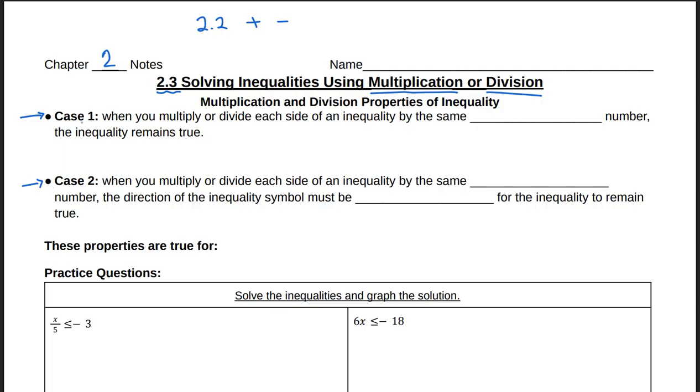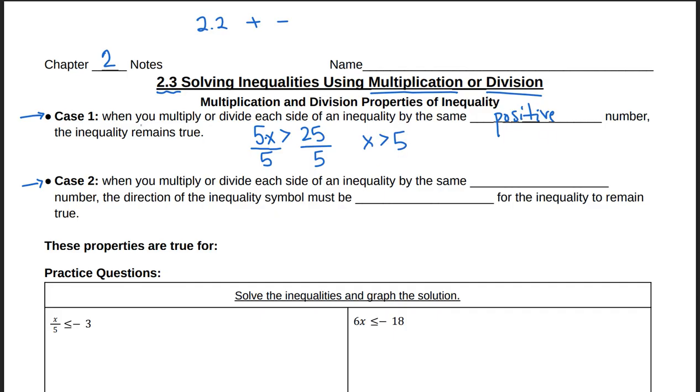Okay, so case 1. When you multiply or divide each side of an inequality by the same positive number, the inequality remains true. An example of this would be 5x is greater than 25. To solve this inequality, we want to isolate the variable, and right now 5 is being multiplied by x. So I would do the opposite and divide by 5, which gives me x is greater than 5.